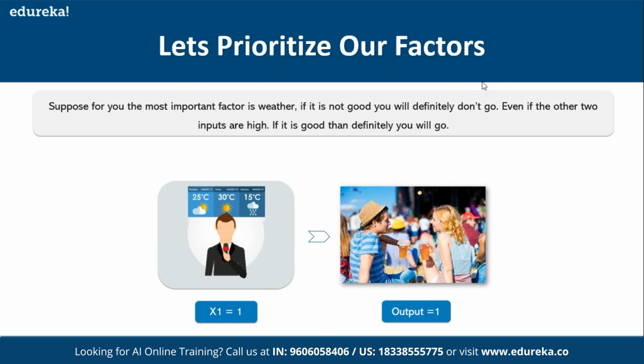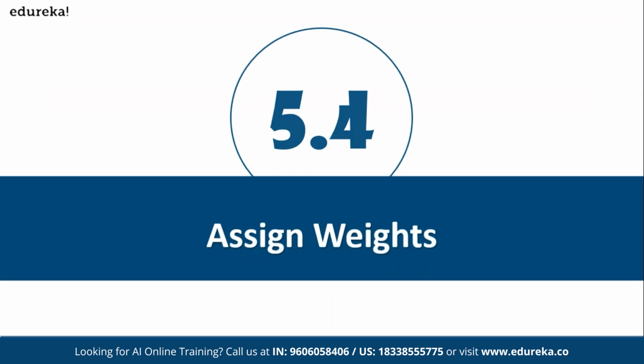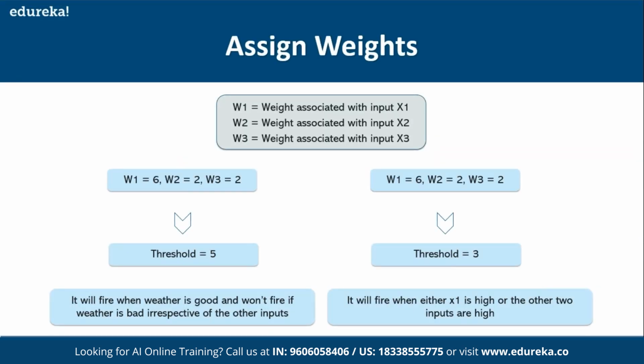Now we have to assign the weights. We have 3 questions, right? The inputs are 3. Therefore, the weight for the first input will become W1, the weight for the second input will become W2, the weight for the third input becomes your W3.